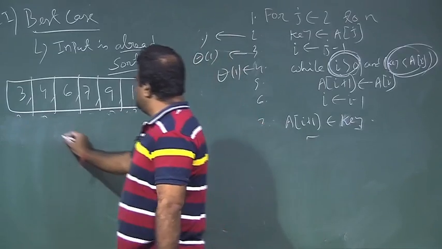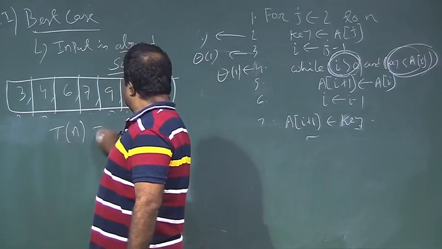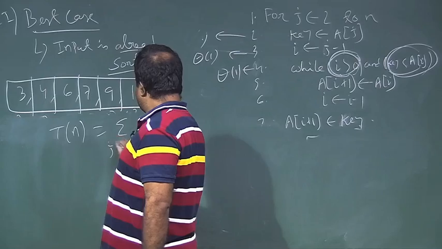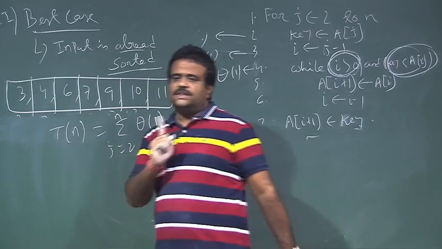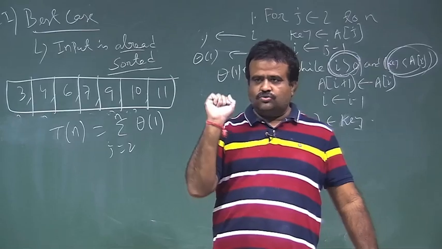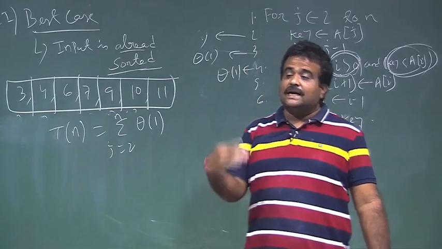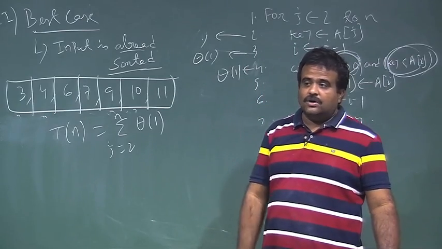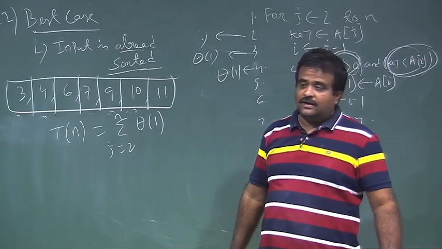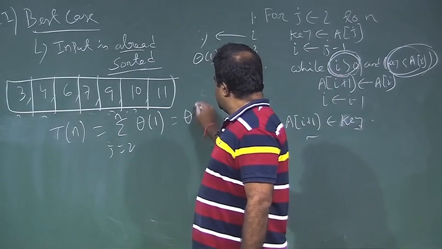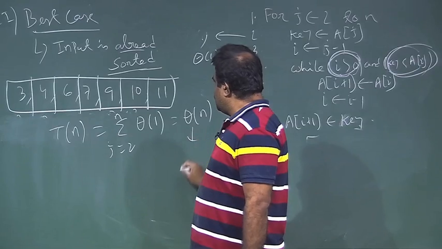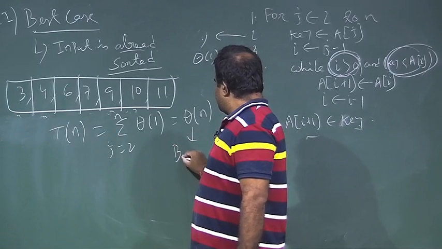So, basically T of n is the summation of j equal to 2 to n, and every time we are just doing one comparison, just to check whether the key is in place, and that takes theta of 1 time, machine independent, in the asymptotic sense. So, this is the best case runtime for insertion sort.